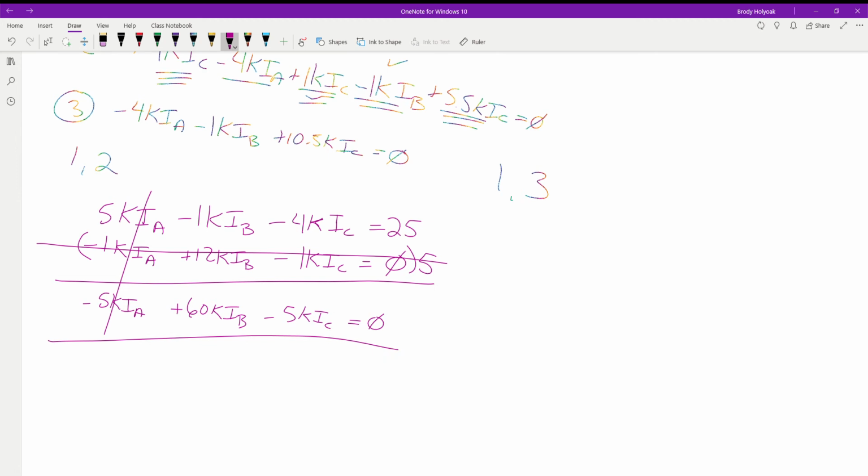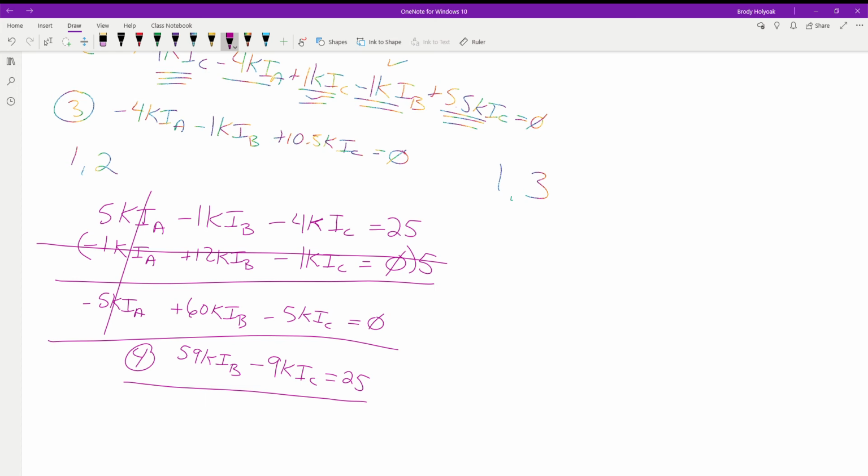We're left with 59K IB minus 9K IC is equal to 25. That is going to be equation number 4. Any issues with those? Good?